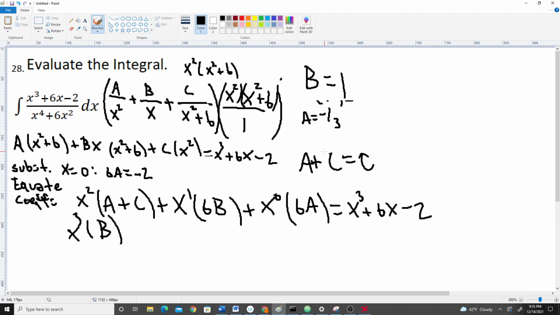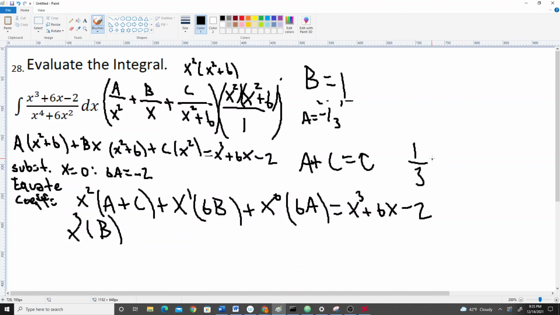If I plug that in, I have negative 1 over 3 plus c is equal to 0. Wait, a was negative 1 over 3, so now you subtract, and c will just be positive 1/3.